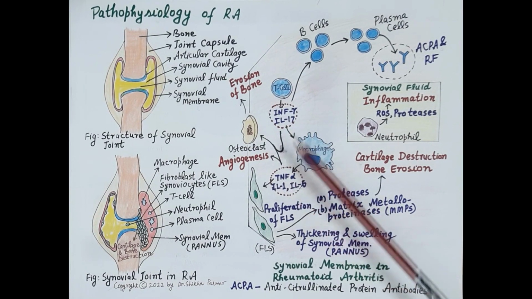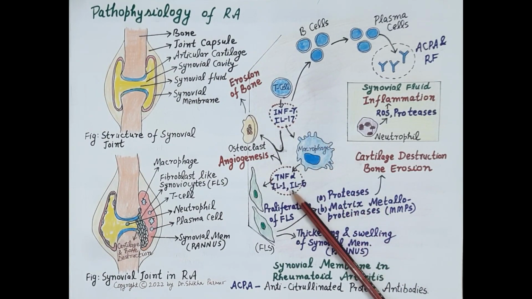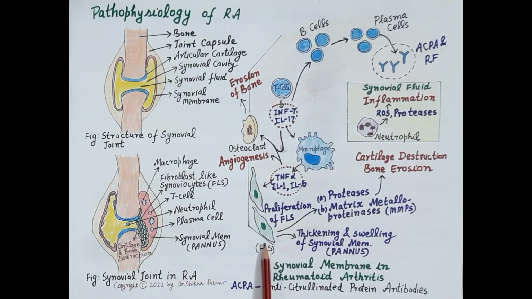All these cytokines produce inflammation, and are also responsible for the proliferation of fibroblasts like synoviocytes. These fibroblasts are found in the synovial membrane, and their proliferation causes thickening and swelling of synovial membrane, and there is formation of pannus.